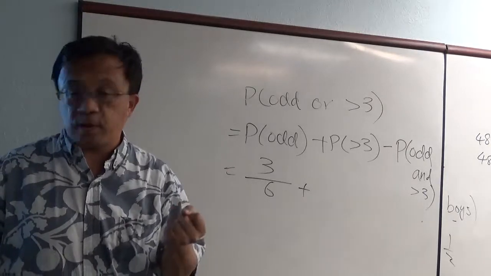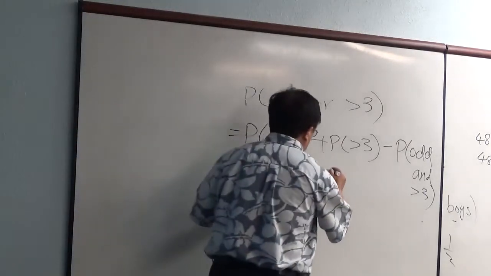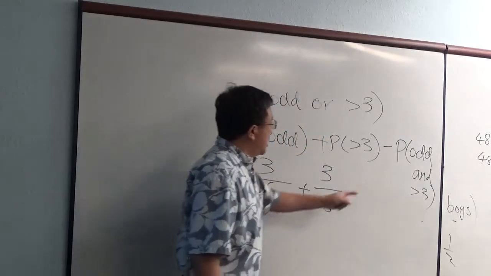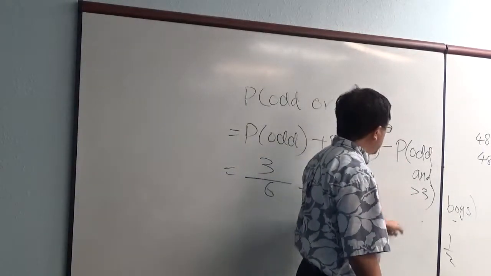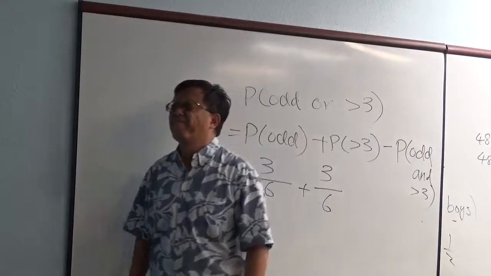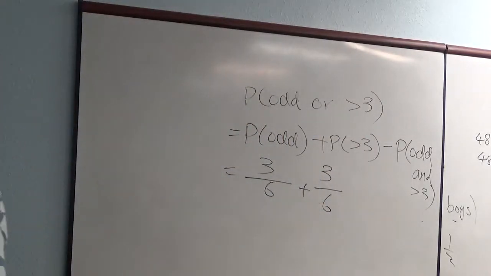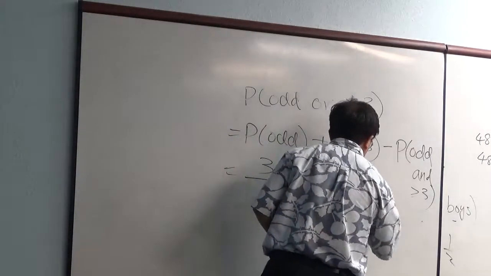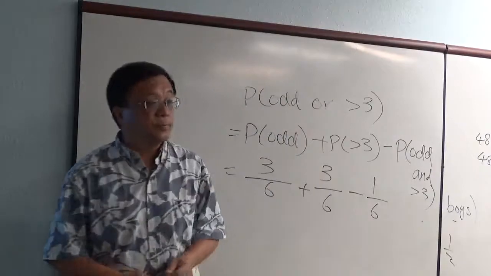So again 3 out of 6. And odd number and greater than 3: if you get a 5, there's only one possible answer. So you have to subtract 1 over 6. Good? Okay.